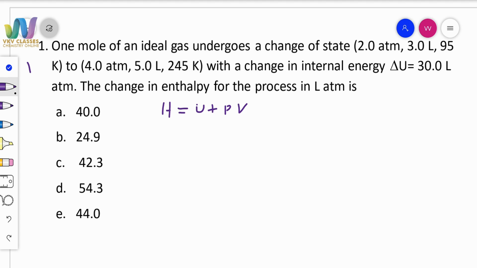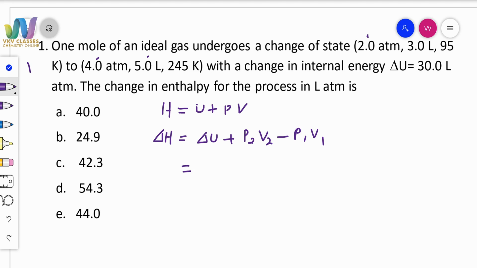In this process, both pressure as well as volume change. So, delta H for this process will be equal to delta U plus P2 V2 minus P1 V1.